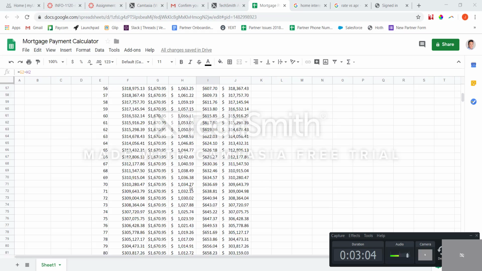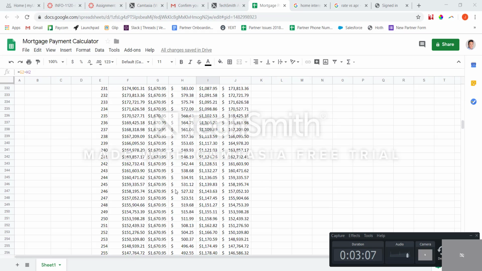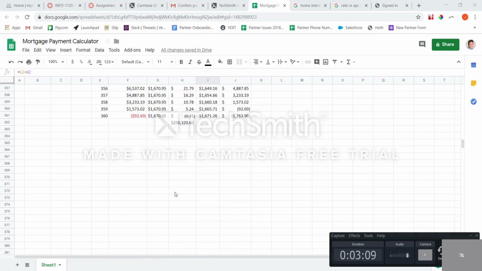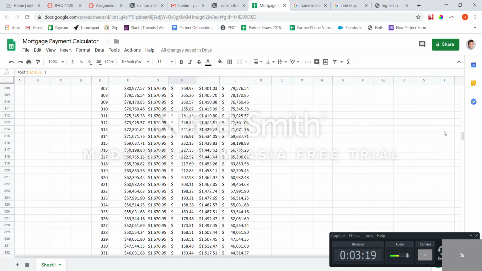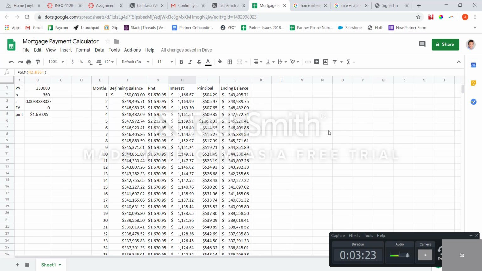One thing I did want to show you real quick, since we have a minute, is the total interest that you pay for this loan is $250,320.60. People think that a house is always an investment, but that's not true.